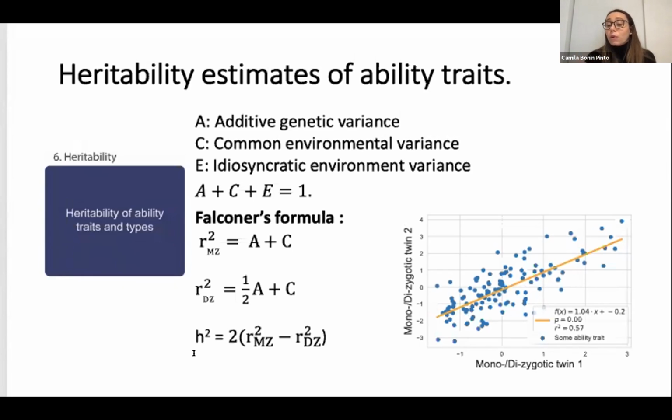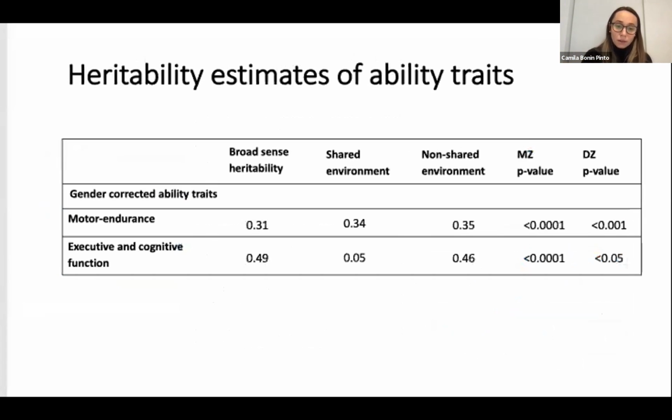So when we correlate the pairs of twins between themselves, the correlation values are an indication of the sum of the genetic and common environment variance. With this, we can calculate a broad sense heritability. I put the formulas here just for reference, but we can go back if you have any doubts.